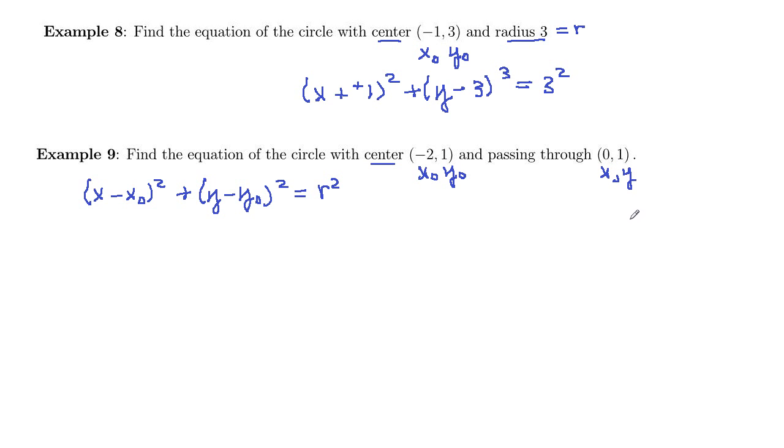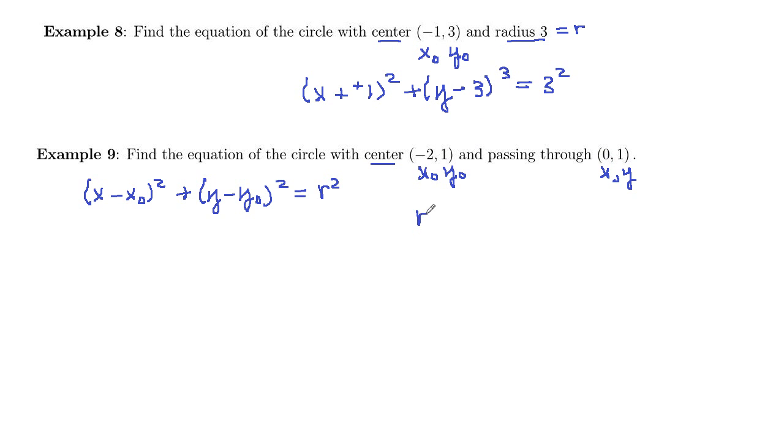And what we can do is, these 2 points are on the circle, so the distance between them has to be the radius. So that's going to give us our r. So we'll use the distance formula on these 2 points.